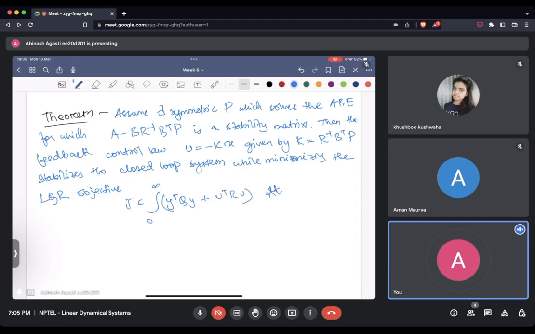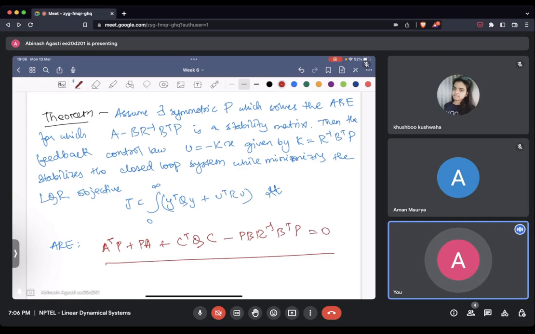And here the ARE is given by the matrix equation A transpose P plus PA plus C transpose QC minus PBR inverse B transpose P equal to 0.